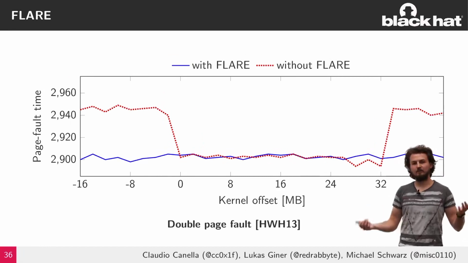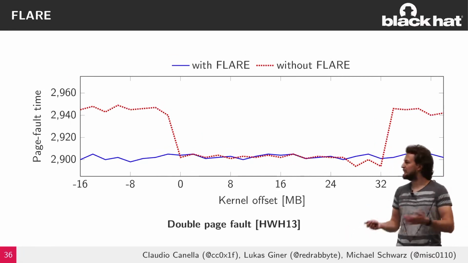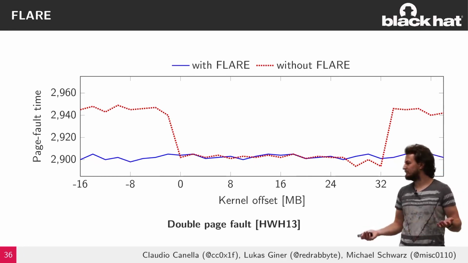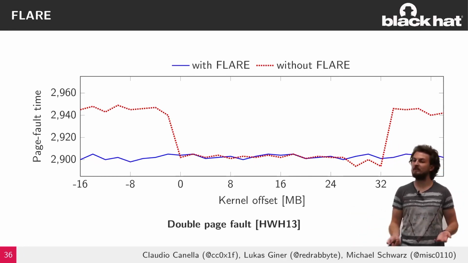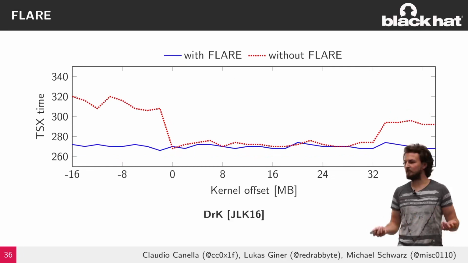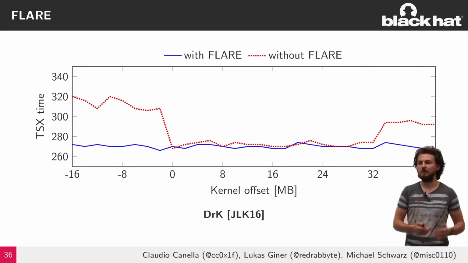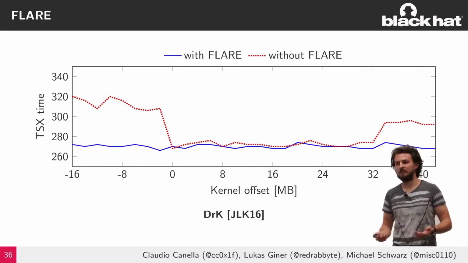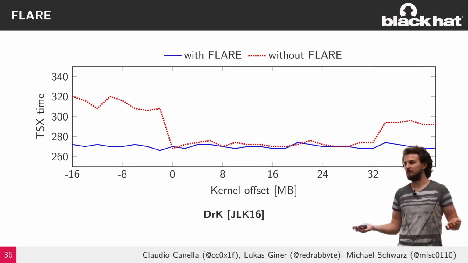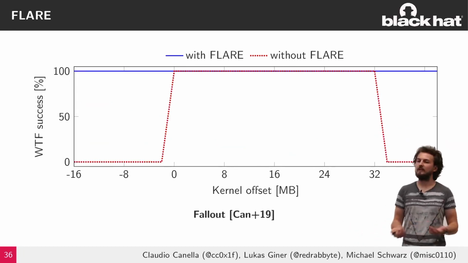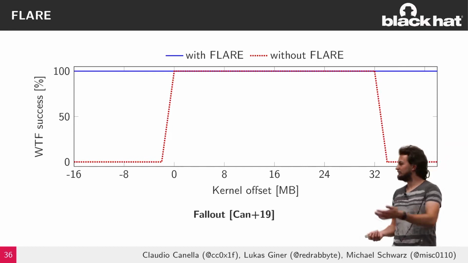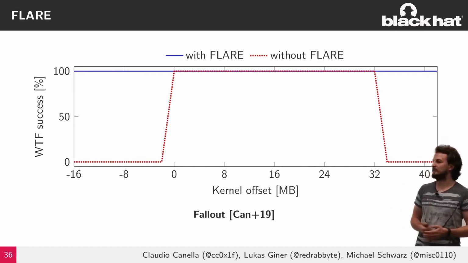The double page fault simply tries to access something twice and measure the timing difference, because if it's mapped, the second access will be fast. Also not possible anymore. DrK improved the double page fault by using TSX, so we also don't see it there anymore. And Fallout is also hidden, and Michael already discussed the difference for Fallout.